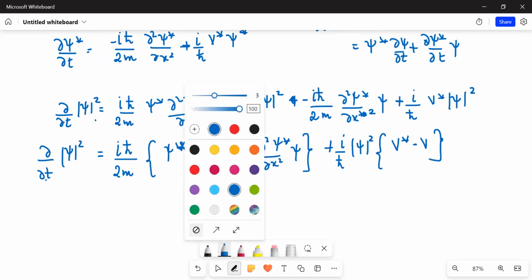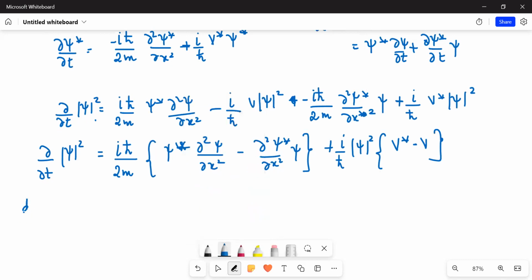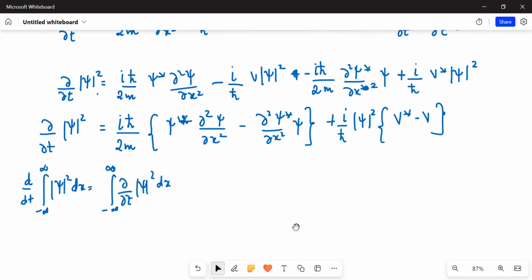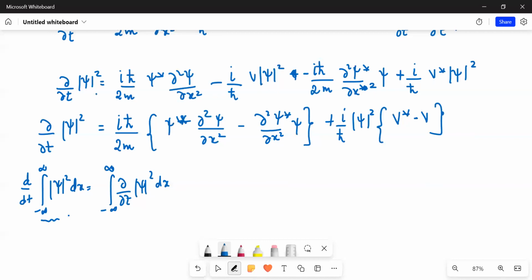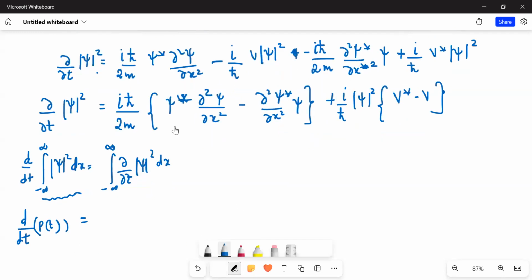So understand my point. What if I try to find d by dt of minus infinity to plus infinity psi mod whole square dx? It is equivalent to minus infinity to plus infinity del by del t of psi mod whole square dx. I'll write this as probability, so d by dt of P as a function of time is equal to integrating this.